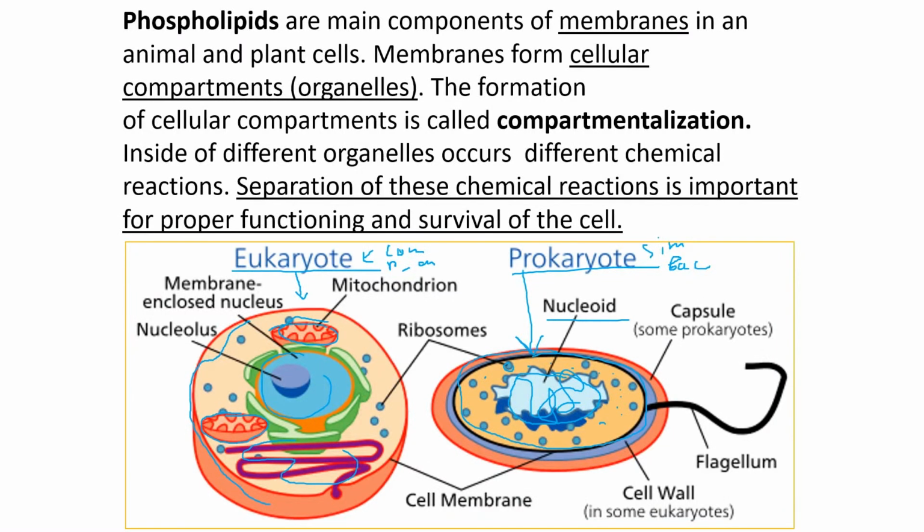And each cellular organelle is surrounded by what? Membrane. Again, each is surrounded with membrane to prevent easy flow of water and other components inside of the cell.